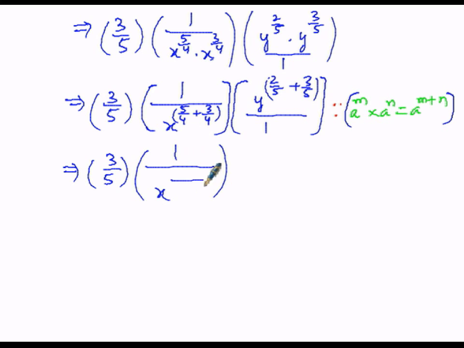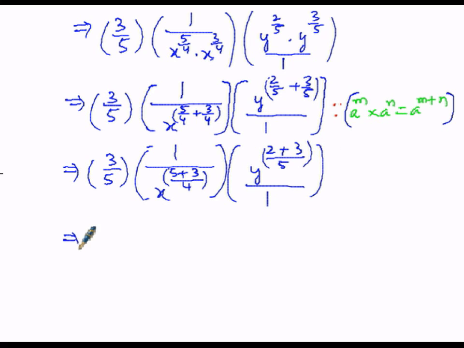The LCM will be 4. 4 once is 4, 1 into numerator 5 is 5, plus 4 once is 4, 1 into numerator 3 is 3, within brackets. Then into y to the power of, 5 and 5 denominators are the same, they are like fractions, so the LCM will be 5. 5 once is 5, 1 into numerator is 2 itself, plus 5 once is 5, 1 into 3 is 3. Then bracket close and overall divided by 1 will be there as it is.